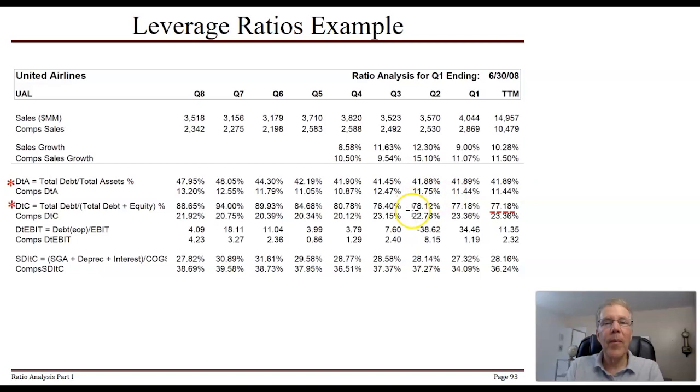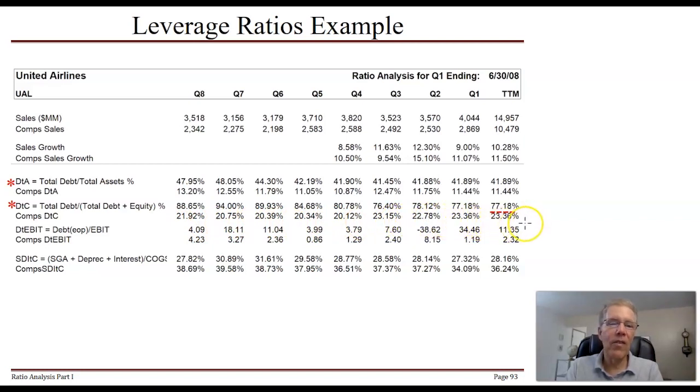Well, I'll tell you what, UAL has definitely gone down a lot, which is really surprising, right? Because they're this legacy airline with all sorts of problems, the high cost structure, et cetera. So what this means is they've been able to pay down some of their debt and become less risky, which is kind of shocking.